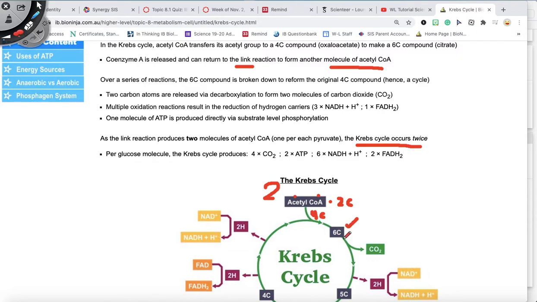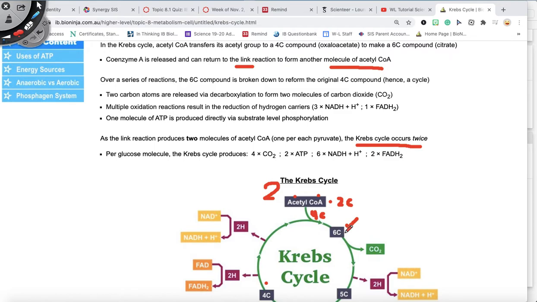So what happens after you have this 6-carbon compound of citrate? Well, it gets broken down to reform the original 4-carbon compound, because it's a cycle. It's got to come back as a 4-carbon compound to attach to another 2-carbon acetyl.